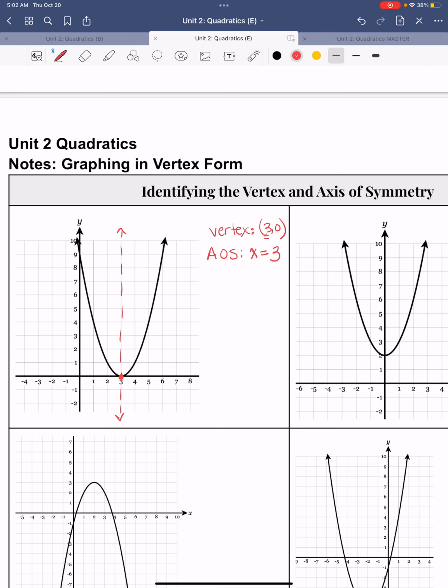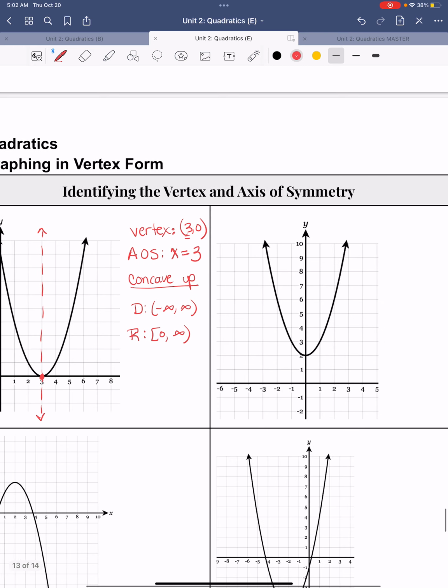And since this is the U shape, I know that we're dealing with a concave up. Some other information: my domain for parabolas is always all real numbers, and my range is starting at 0 and going to infinity. So from this graph, I was able to say what my vertex is, what my axis of symmetry is, the fact that it's concave up, and then I know my domain and my range.